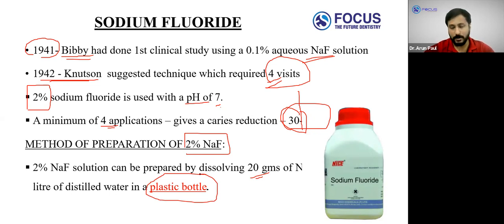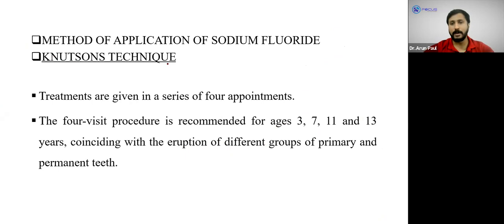So you prepare it with 20 grams in 1 liter, that is 1000 ml of water. The concentration is 2%. The technique of application of sodium fluoride is known as the Knudsen technique. That is why, when you take the name of sodium fluoride, the name Knudsen comes into the picture, because he was the person who first developed the technique of application of sodium fluoride.